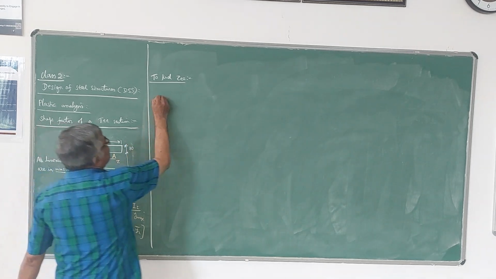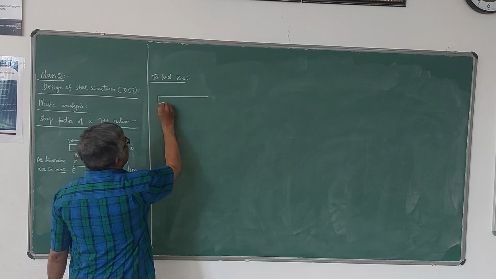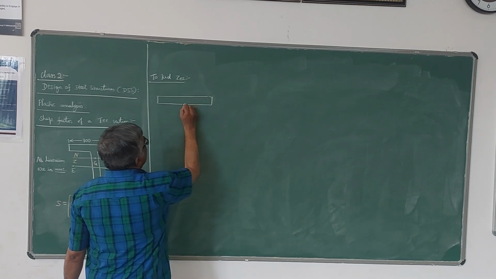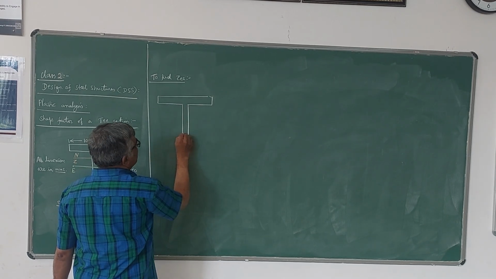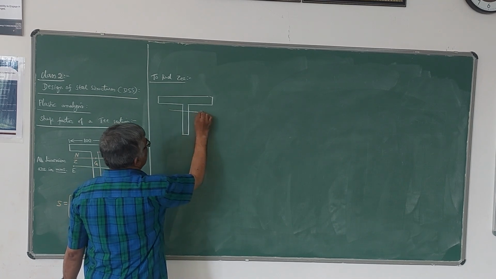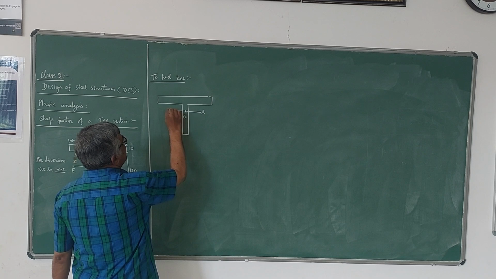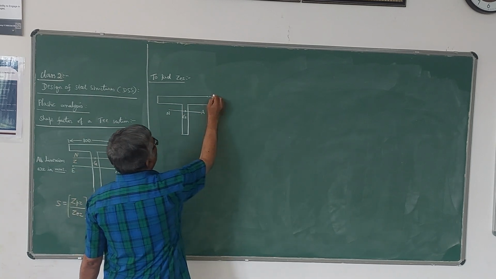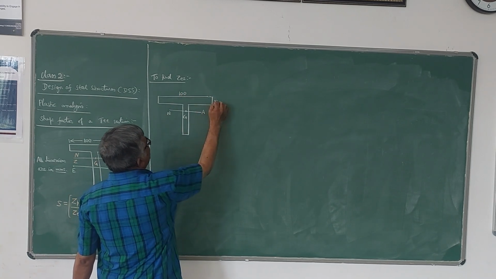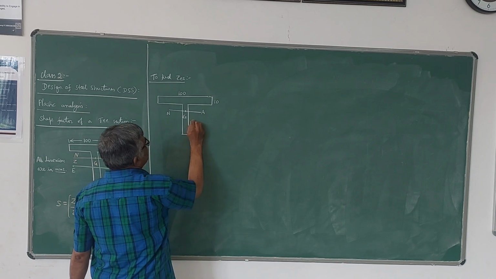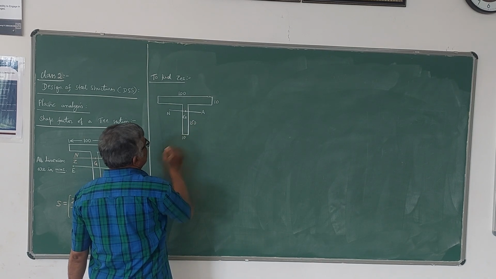So, the centroid of the complete T section: this is the neutral axis, so G will be here. This is 100 mm, this is 10 mm, this is 150 mm, this is 10 mm.